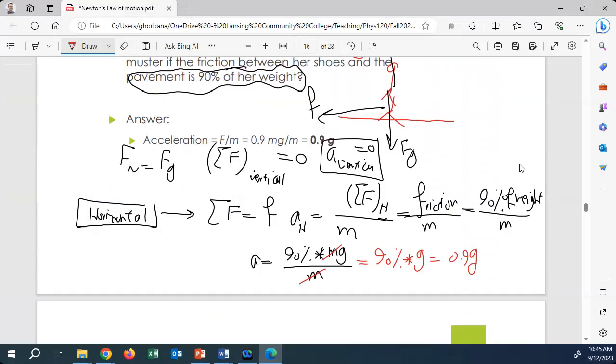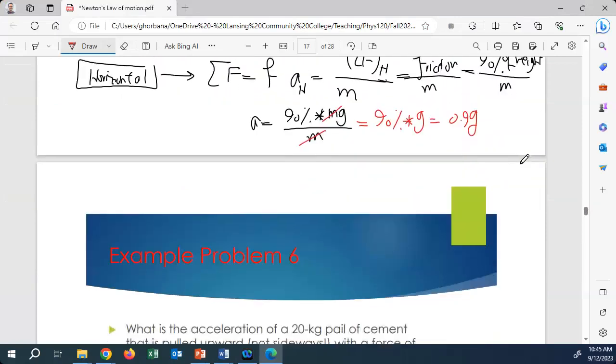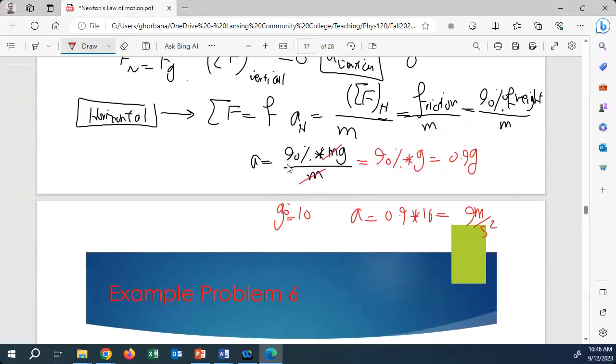If we assume that g is 10, the acceleration is going to be 0.9 times 10, which is 9 meters per second squared.